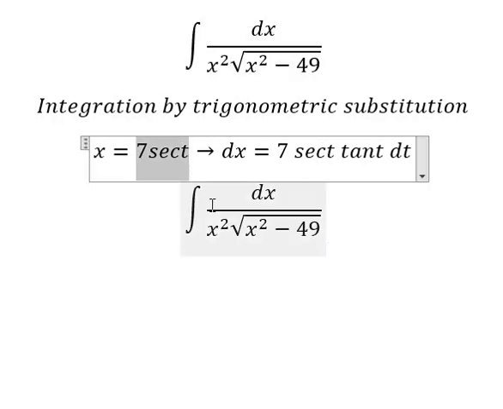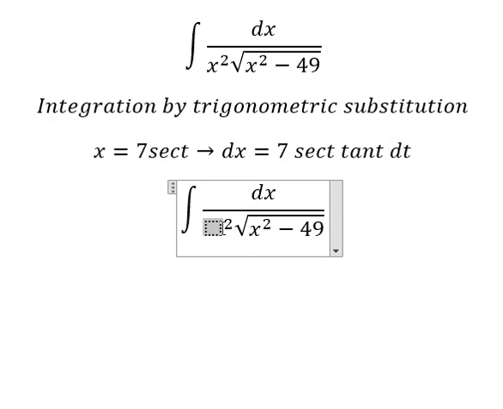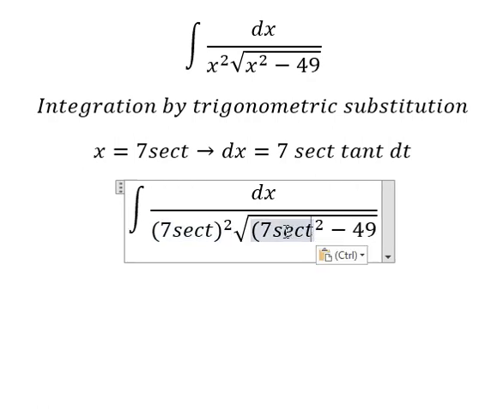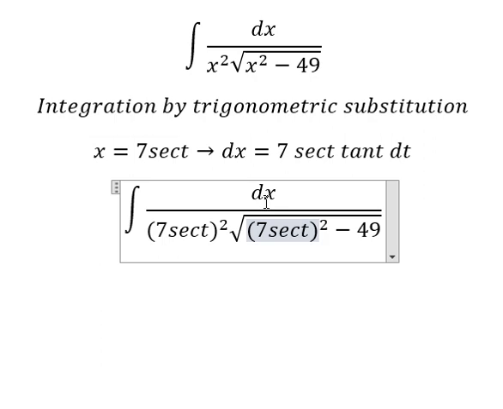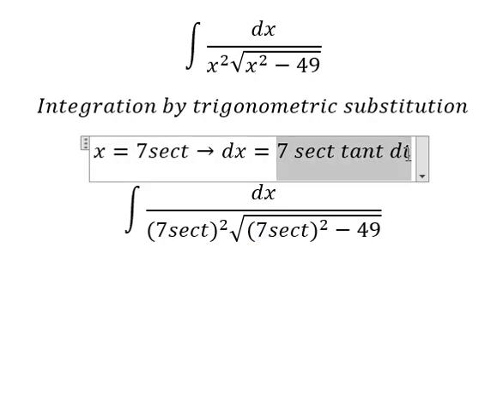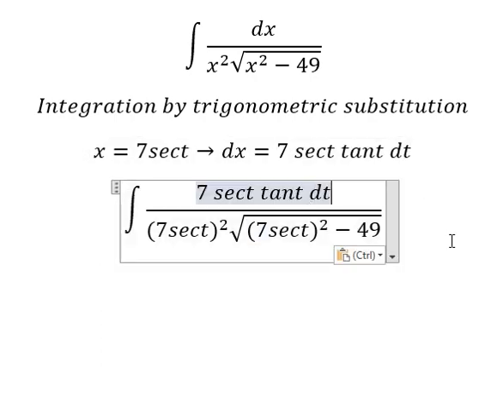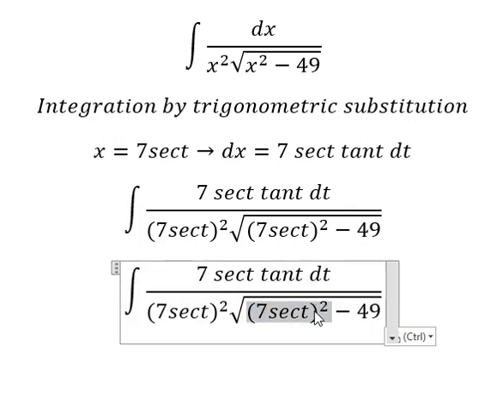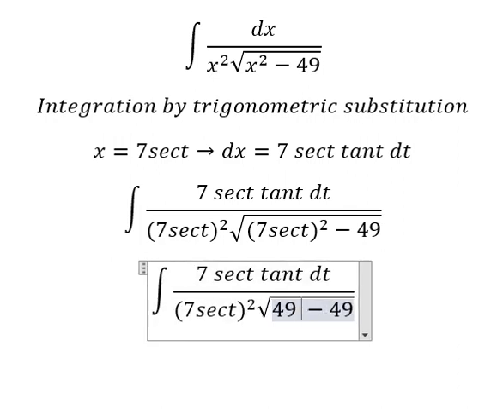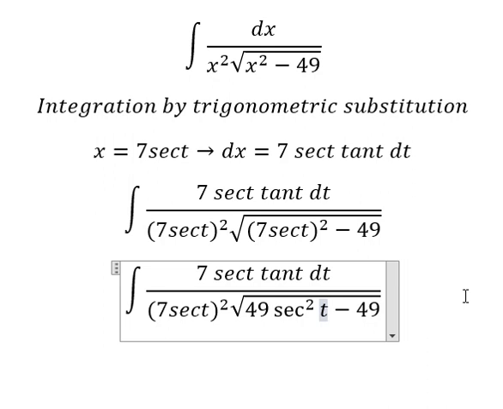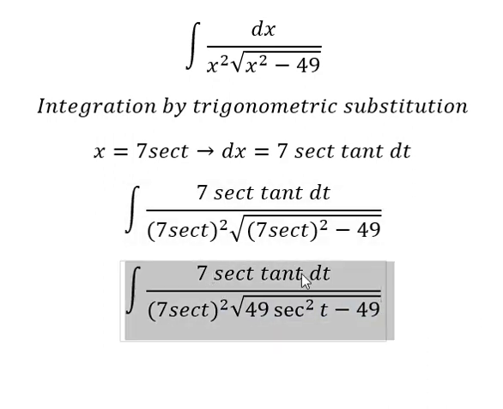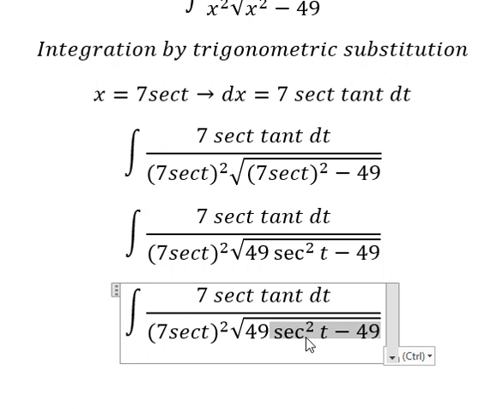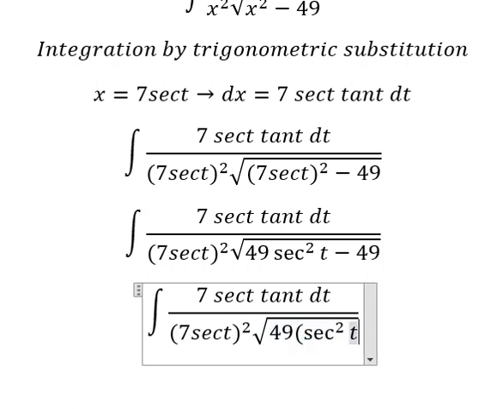So I will put this one here, this one here. The ds we change by this one. So this one we have 49 secant of t squared, 49, we can do factorization.